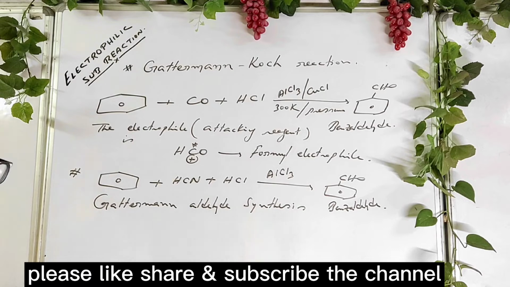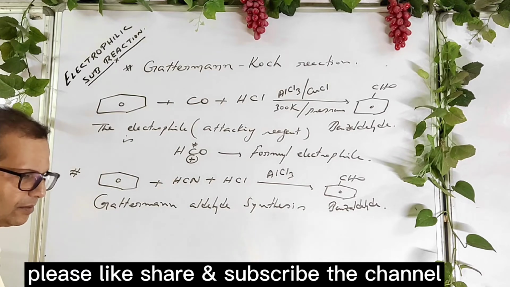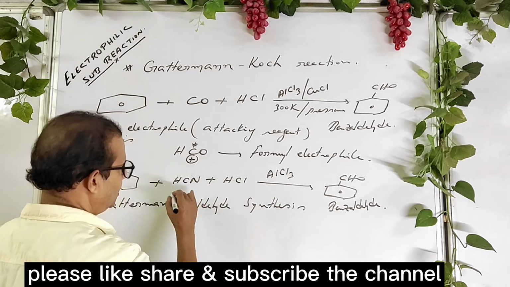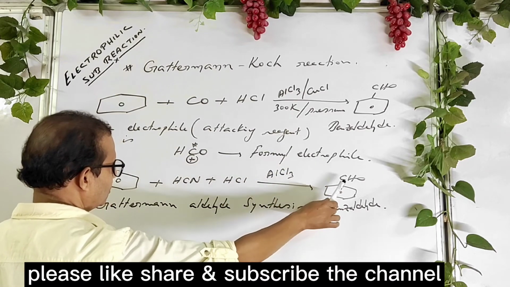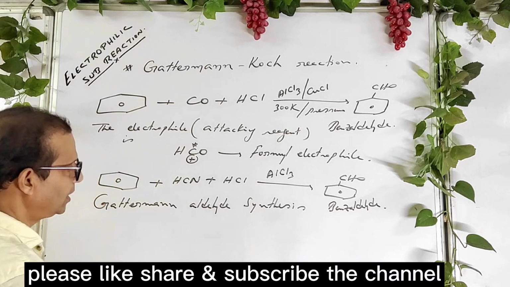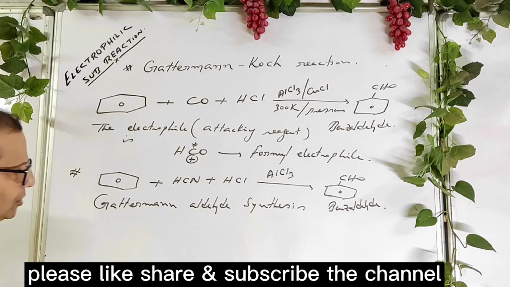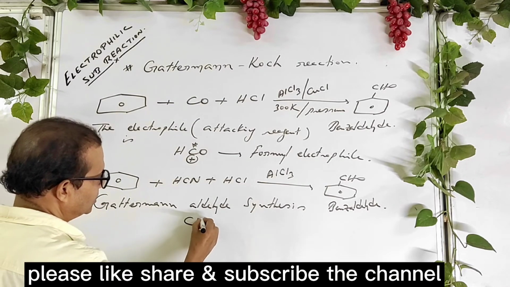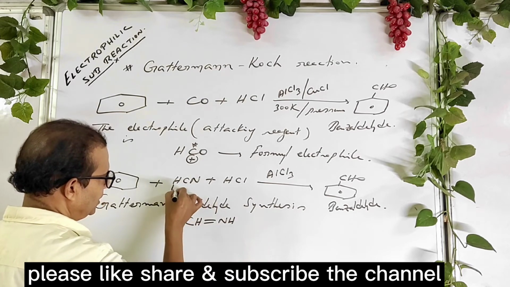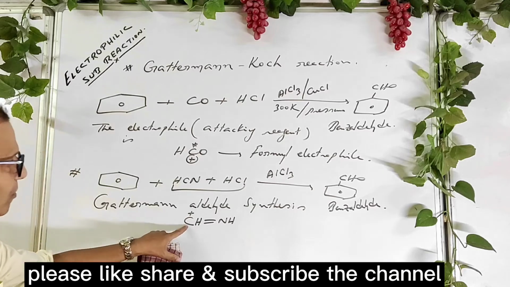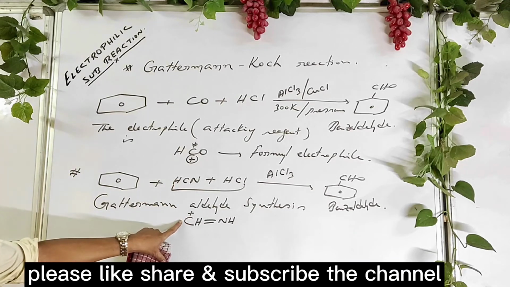The attacking reagent or electrophile is not the formyl electrophile here. No, here the attacking reagent or electrophile is this CH positive double bond NH. By the reaction of this it is formed. No need to remember the mechanism.